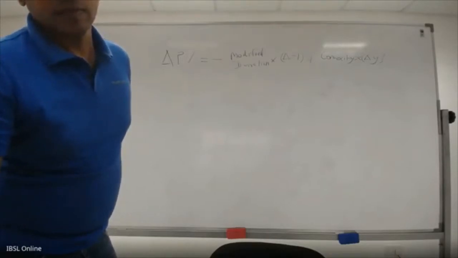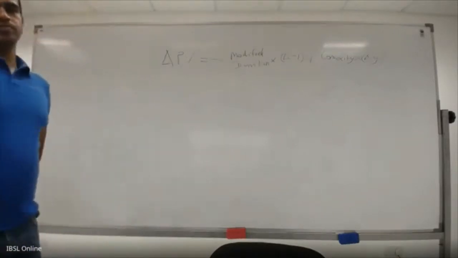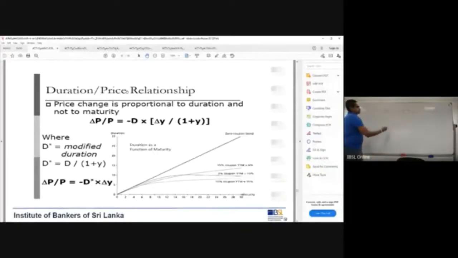Let me take you back a couple of slides. Remember the duration calculation? Duration is negative percentage change in price divided by change in yield over 1 plus yield.